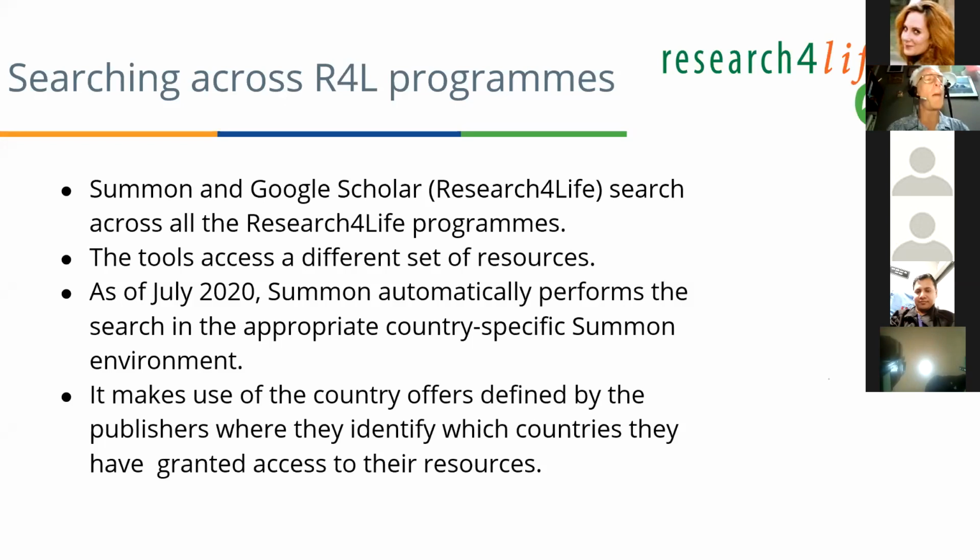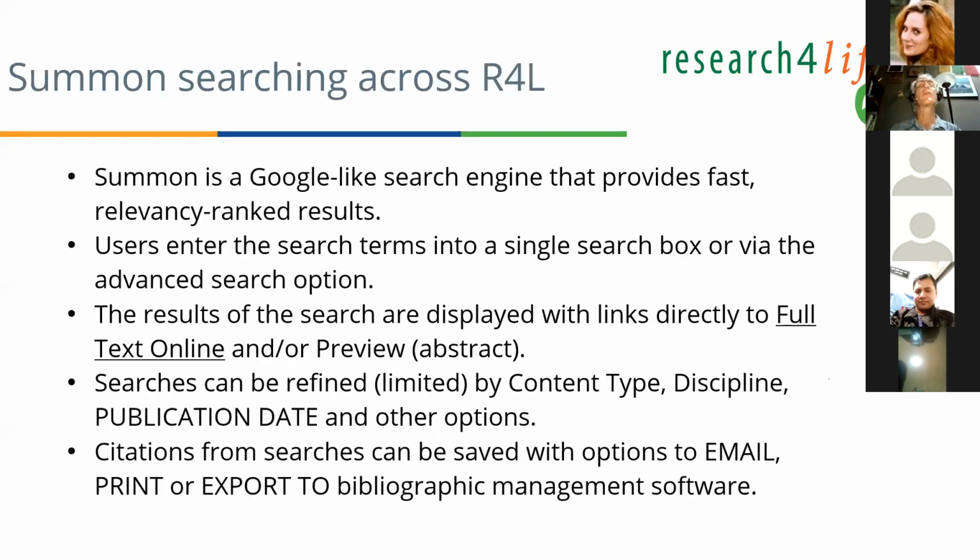It knows what publishers have granted access and have not granted access, and this will show up in the search results of a Summon search within any of the 5 programs, and also when you use Research4Life Google Scholar. Okay, so it automatically maps to what you get. It says offers defined by publishers where they identify which countries they have granted access to their resources. Okay, just hope I'm not going too fast.